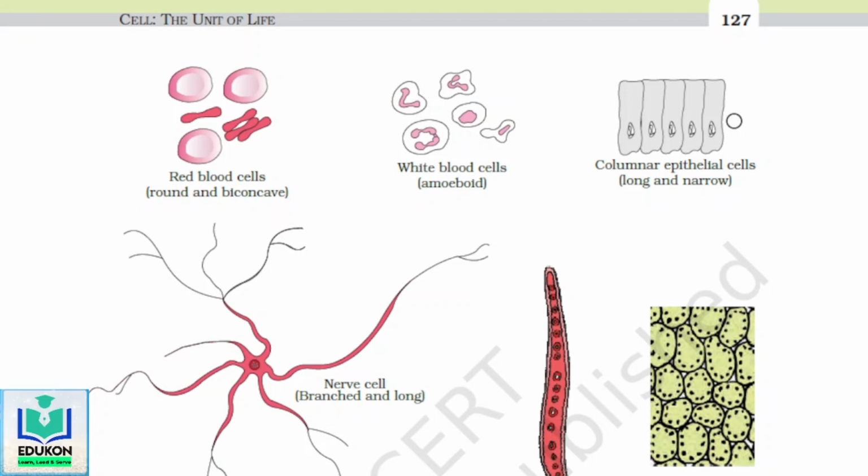Coming to these columnar epithelial cells, they are long and narrow. Remember this. This is called a nerve cell, which is branched. We have so many branches extending on either side, you can see, and they are also long. A trachea is in elongated form. Mesophyll cells are round and some are oval.